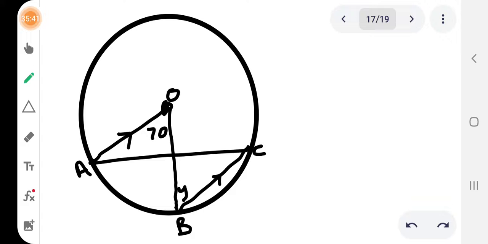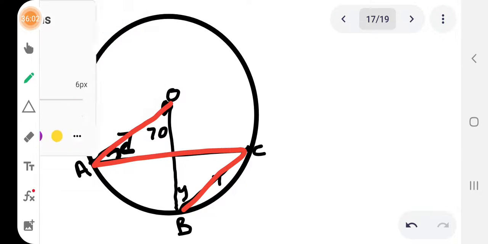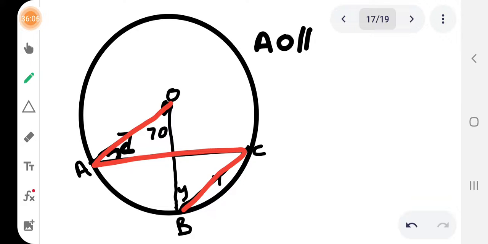what is x? X is supposed to be here. I forgot to mention x. So we are given that, let's start with this, because we need x. In this case, we know that AO is parallel to BC.